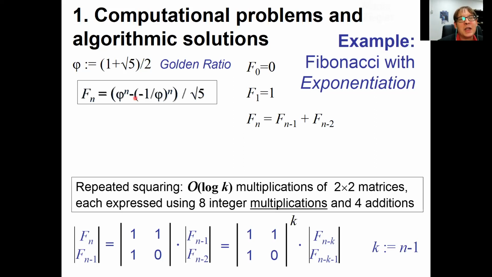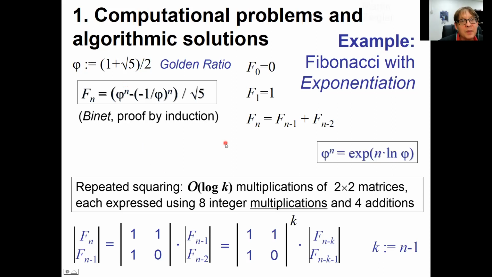That also looks like an explicit expression, it's commonly considered an explicit expression, but observe that also here we have some powering involved, right? And that's really a matter of taste. Do you consider powering to be explicit, or is that not explicit? Anyway, can we devise an algorithm based on that formula of Binet? Yes, we can, if we are allowed exponentiation.